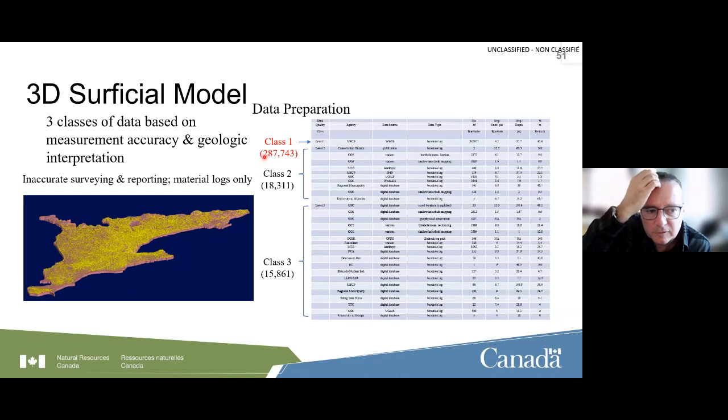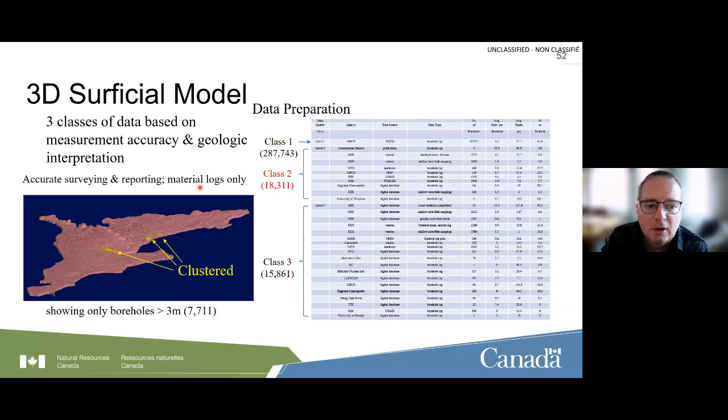The subsurface data sources were grouped into 3 classes based on accuracy and geologic content. Class 1 are the widespread water wells. They are not accurate and contain no geologic coding, just material textures.